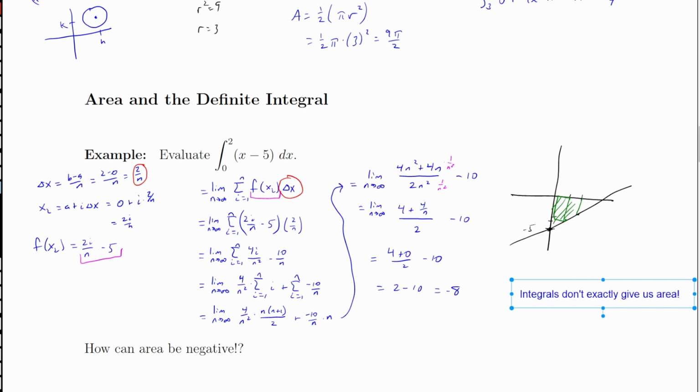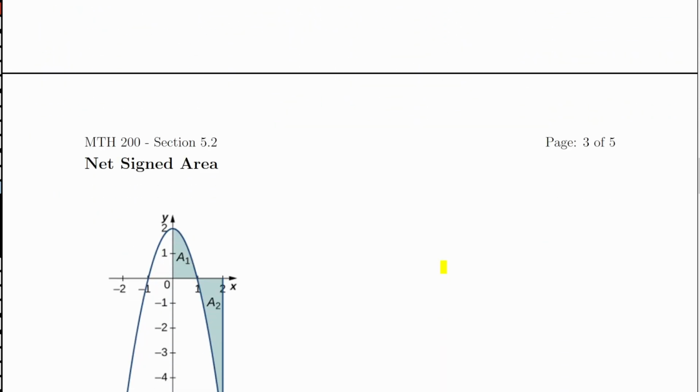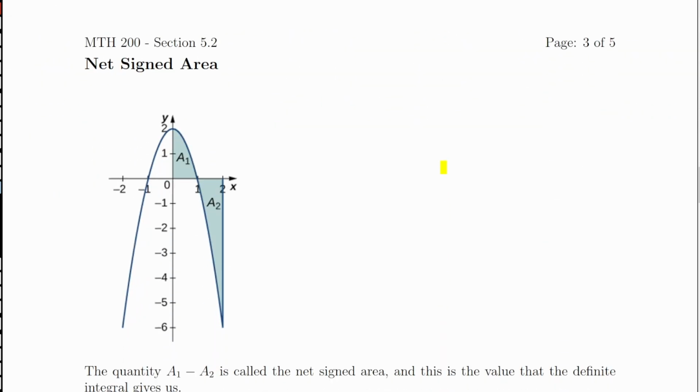What we want to do now is talk about, well, what exactly do they give us? Because we sort of started this journey talking about area, and they still do relate to area. So what we need to do is talk about something called net signed area.